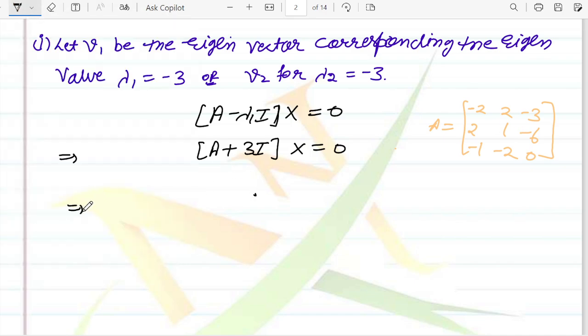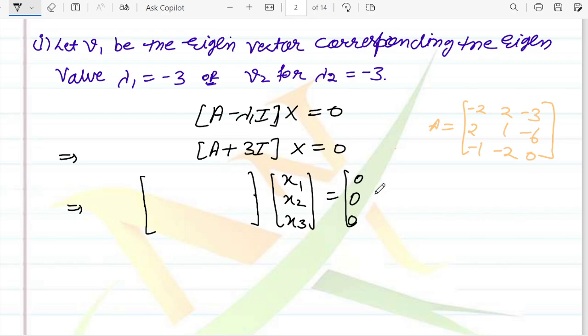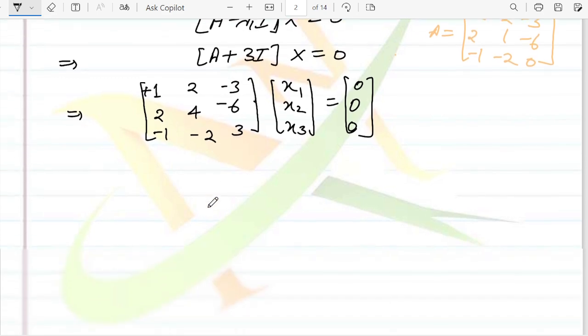Therefore, adding plus 3 in each diagonal element of the matrix, minus 2 plus 3, that is plus 1, right? Adding 3 to the middle, that is 4, adding 3 to the last, that is 3, and the remaining elements are the rest, that is minus 6, 2, minus 1 and minus 2.